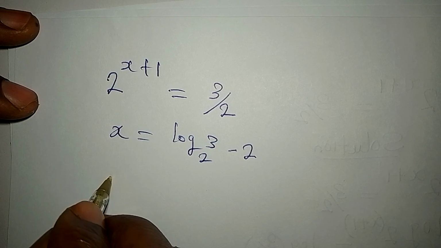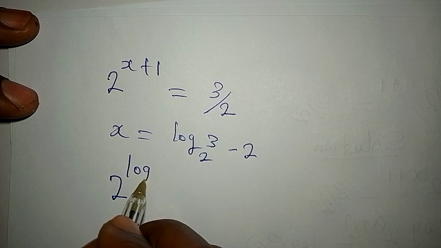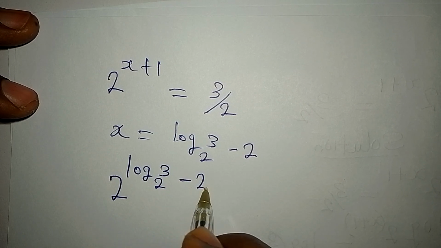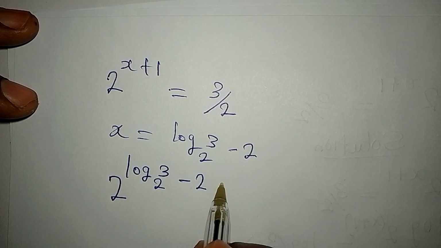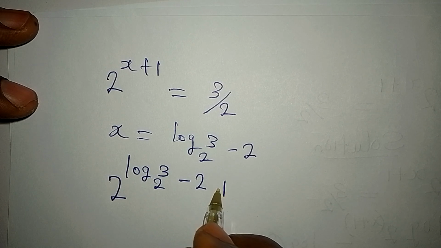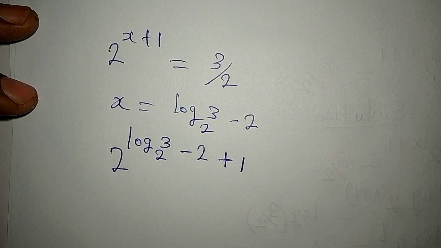So we have 2 to the power of log 3 to base 2 minus 2. Then there is plus 1 there, so I have plus 1 over here. Now, to continue with this, what do I do?